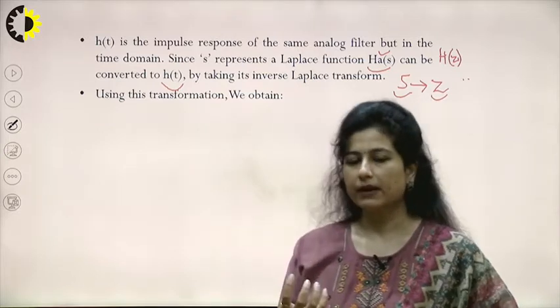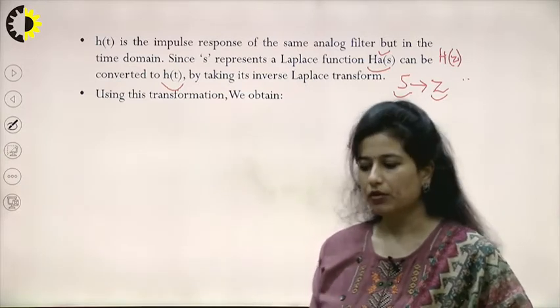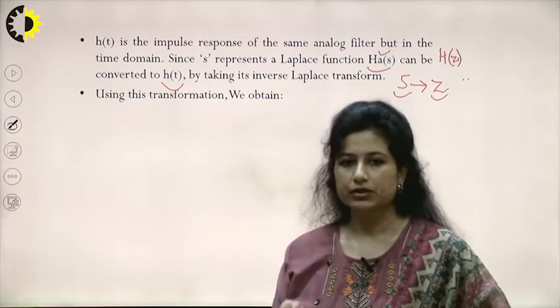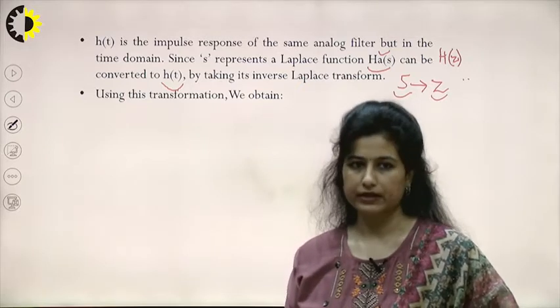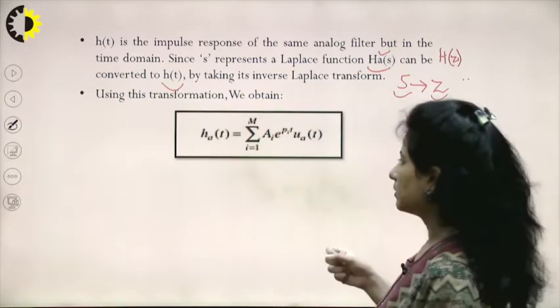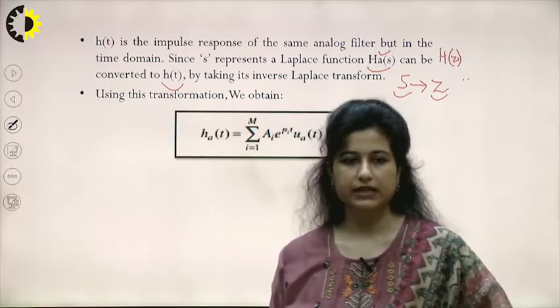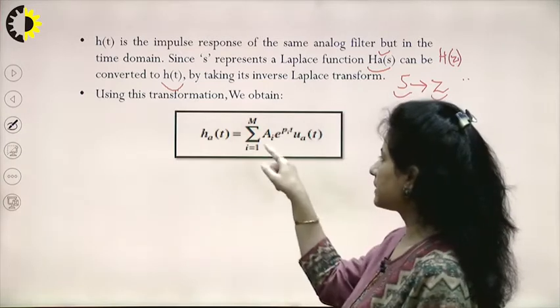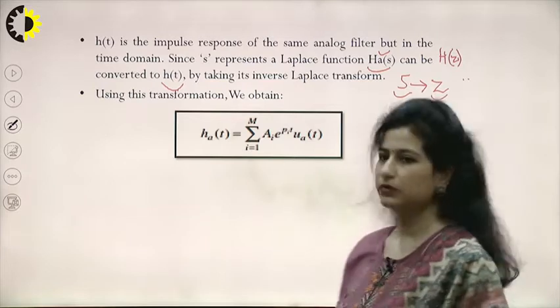Going back from my Laplace domain to the time domain simply requires me to take the inverse Laplace transform. So for the previous equation that we have seen, I would take the inverse Laplace transform and come back into the time domain.